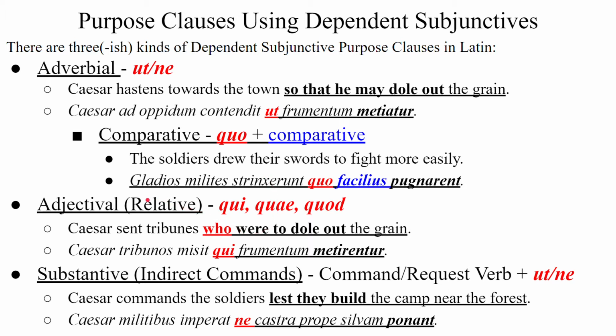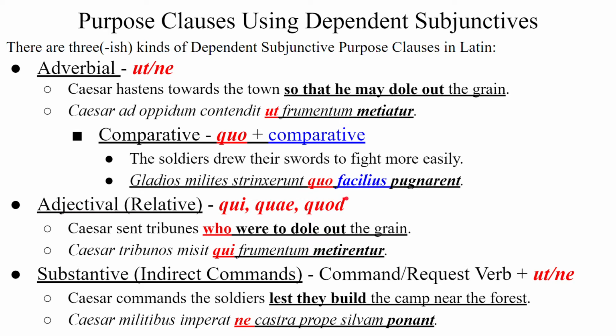Besides the adverbial and comparative purpose clauses, we have an adjectival flavor of purpose clauses, just when you thought there wasn't enough. So adjectival, these are often called relative purpose clauses, because they're introduced by the relative pronoun instead of ut or ne. So qui, quae, quod. The reason why these are adjectival is because relative pronouns, well, they act like adjectives.